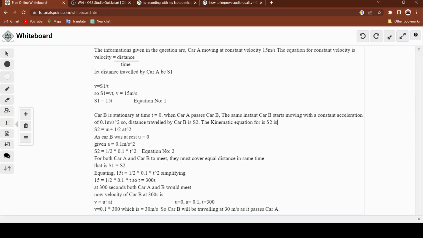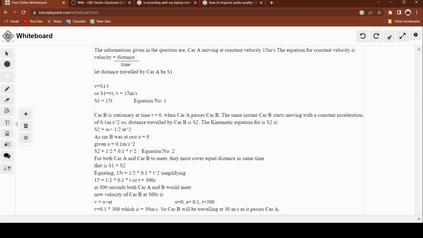Substituting in the above equation, S1 is equal to 15t, because V is 15 meters per second and t is unknown, which we can consider as equation number 1.